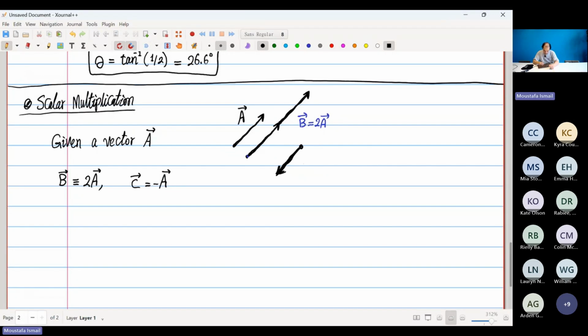So this is the vector C equals negative A. Same magnitude, but direction reversed. If instead you have negative 2A, then you reverse direction and then enlarge the vector twice its size. So this is what scalar multiplication does. It scales your vector and reverses direction if the sign is negative.